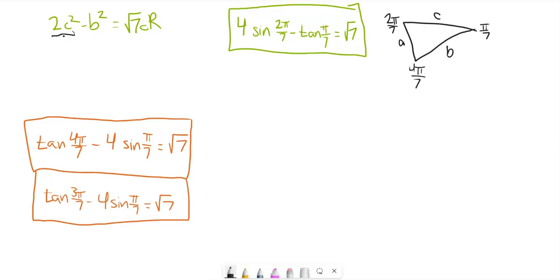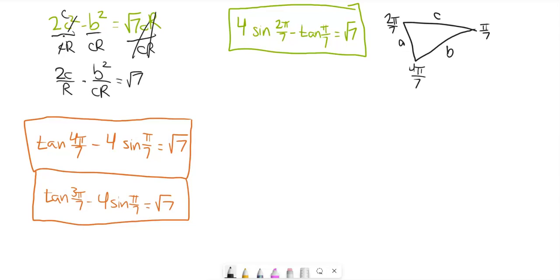So what we're going to do is divide everything by cr here. The crs will cancel on the right side, and the c will cancel on the first part of the equation. So we get 2c over r minus b squared over cr equals the square root of 7.